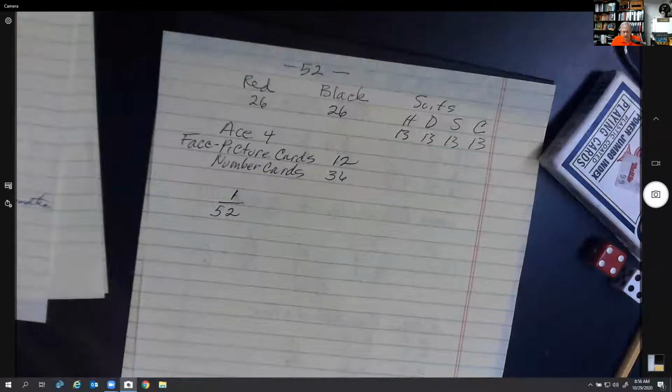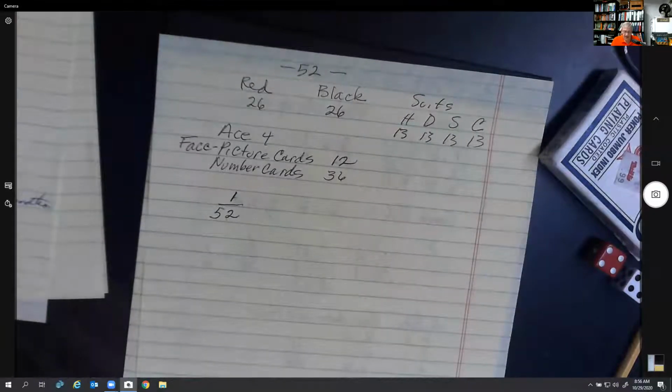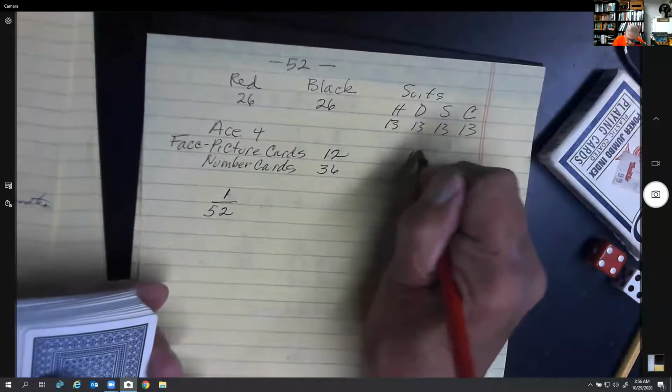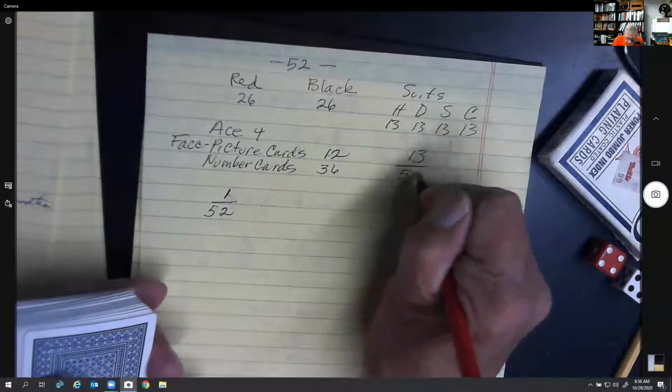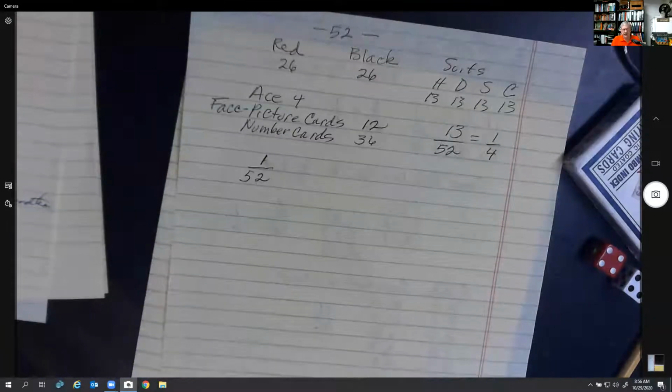So each one, and this would be 4 times 13 is 52. So what's the chance I draw a spade out of this deck of cards? Well, I have 13 chances out of 52. If I reduce that, I have a 1 out of 4 chance that it would come up a spade.